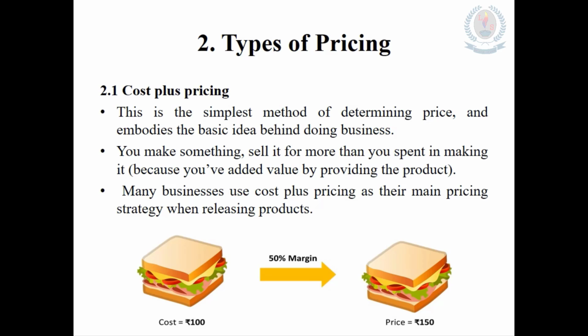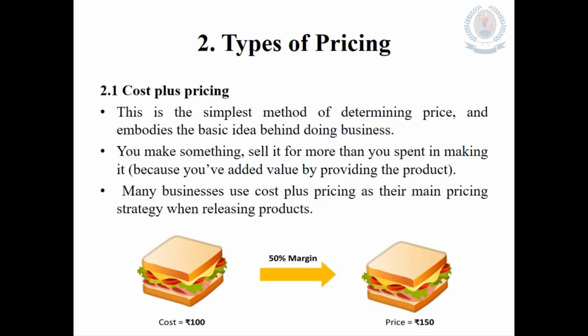Now we are moving to discuss the types of pricing. The first basic method of pricing we are selecting here is cost plus pricing. This is a very simple method. That means to the unit cost of the product, the manufacturers add a markup, that means a profit percentage, and then set the selling price. If you make something, you sell it for more than you spent making it.